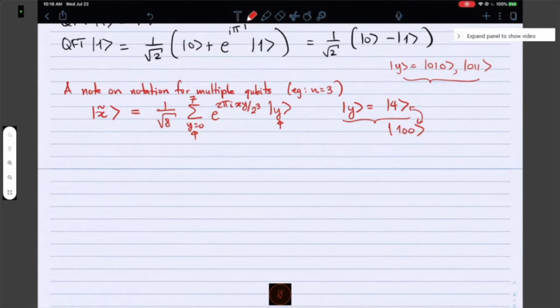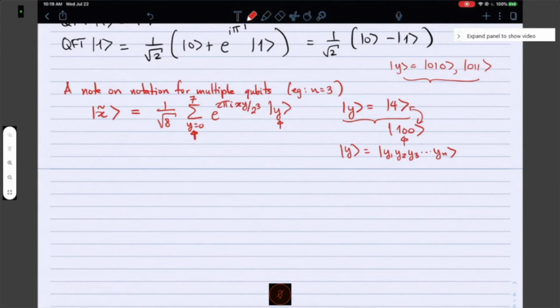The important thing to be careful about is that here the sum is going from 0 to 7. So keep that in mind. If we were dealing with the binary representation instead, what you'd need to do is write out y as a series of numbers: y1, y2, y3, up to yn, if it's an n qubit case, and make the sum not go from 0 to 7, because you can't anymore.